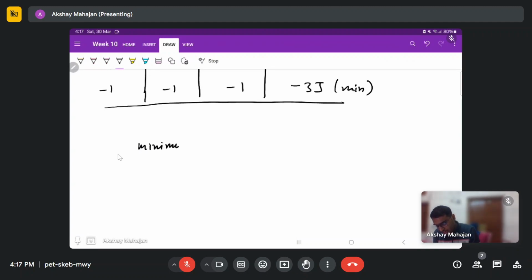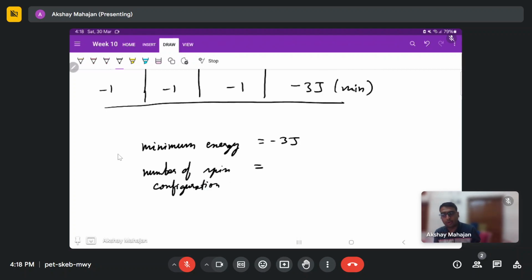So the minimum energy will be equal to minus 3J, and the number of spin configurations that will give us this. In total we have 8 possible spin configurations, and among them we have seen that 2 of them will give us this minimum minus 3J energy.